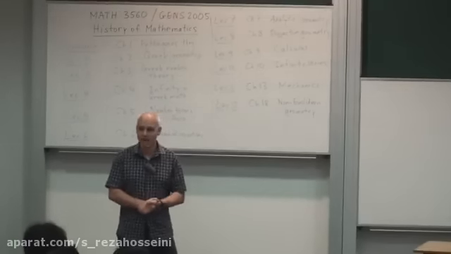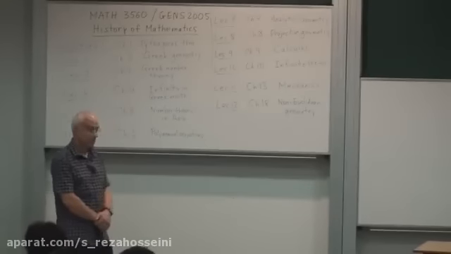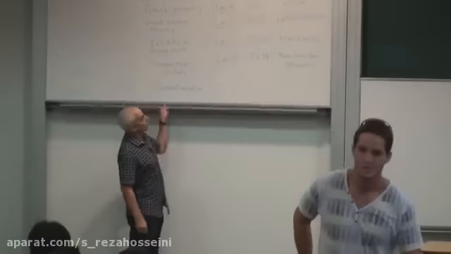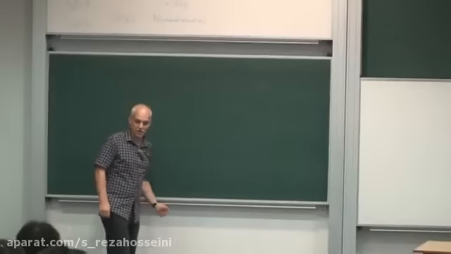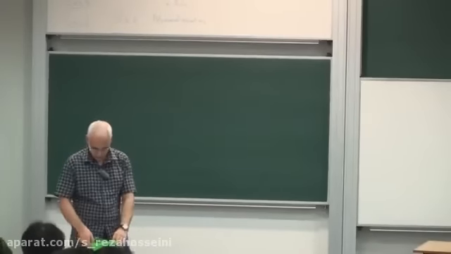Our first lecture is a very good place to start with Pythagoras' theorem, which is probably the most important theorem in mathematics. It's also perhaps the first really major theorem in mathematics.